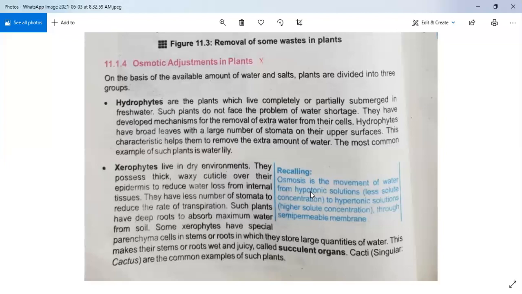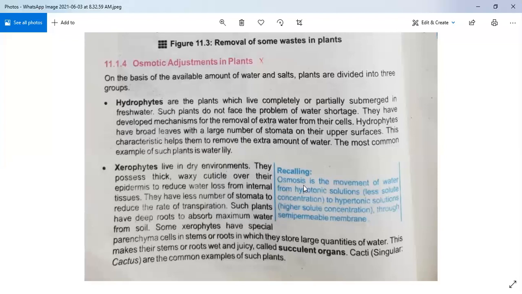Tonicity tells us the amount of water and salts in a body. A hypotonic solution is one in which there is less solute and more solvent. And hypertonic is one in which there is higher solute and less solvent.